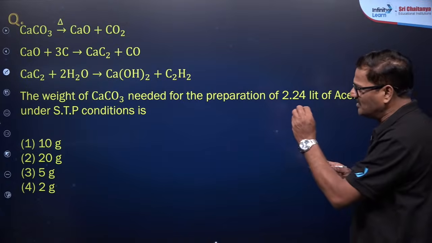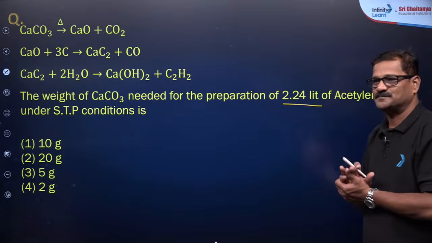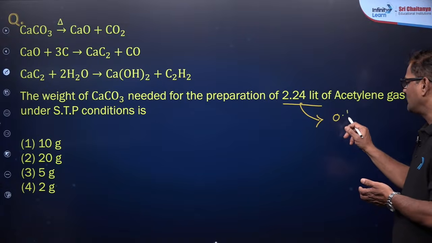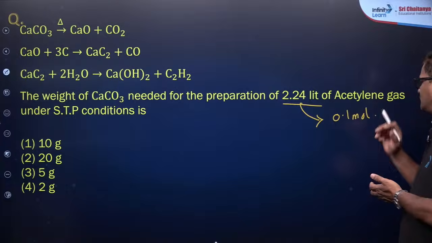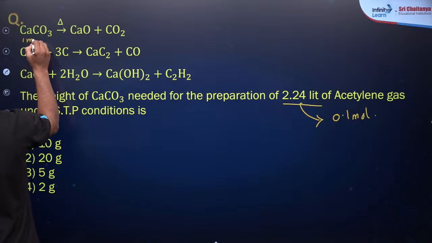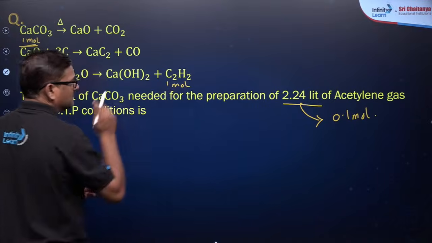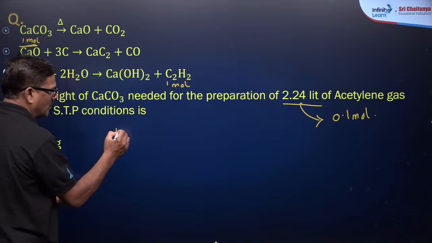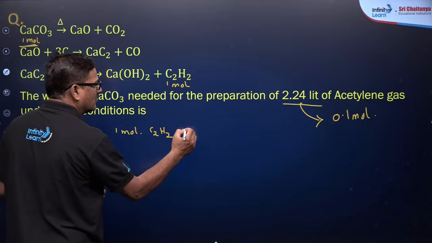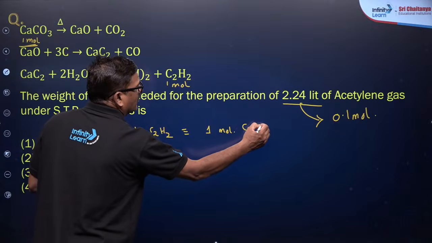Now you are asked the weight of calcium carbonate needed for the preparation of 2.2 liters of acetylene. 2.2 liters means 0.1 mole of acetylene. 1 mole of C2H2 is formed from 1 mole of calcium carbonate.